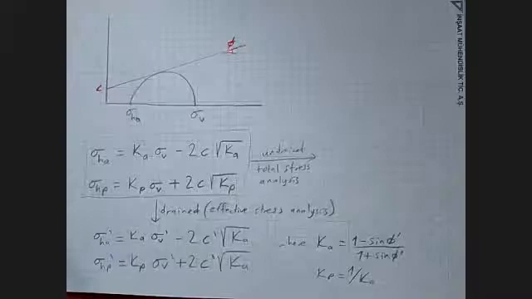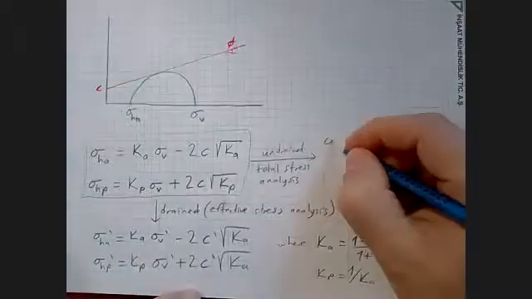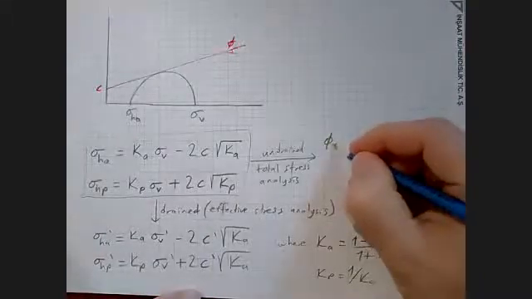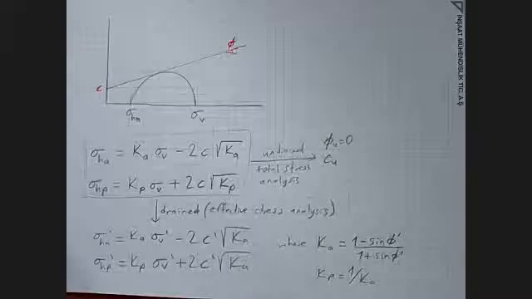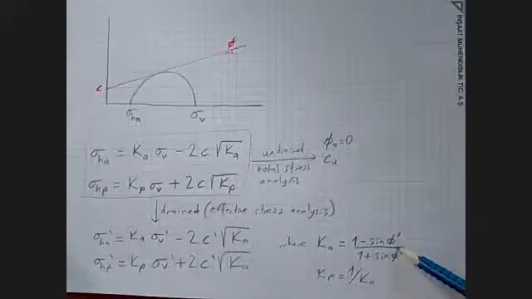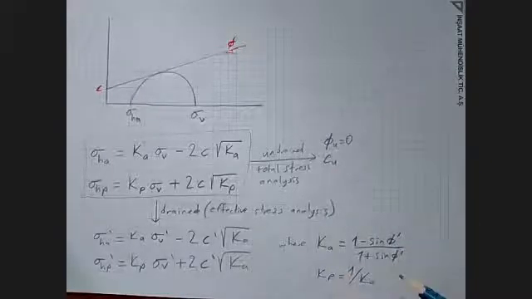If you are looking at total stress analysis, then what you should be using is zero friction angle. If you put zero friction angle into Ka, Kp, then Ka and Kp become 1.